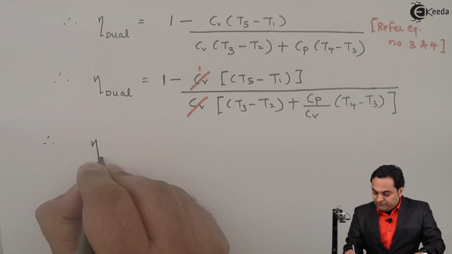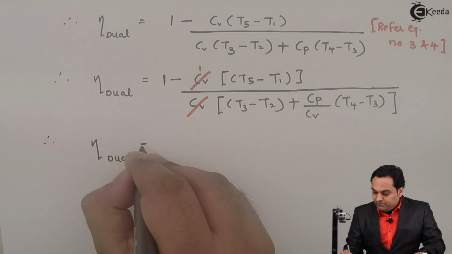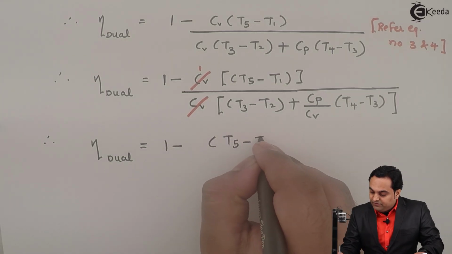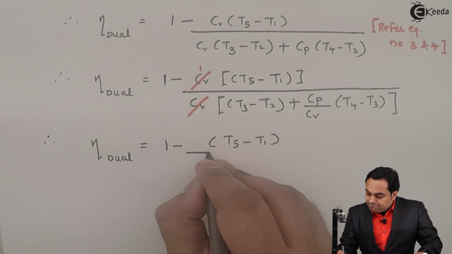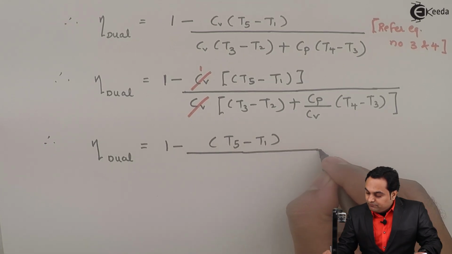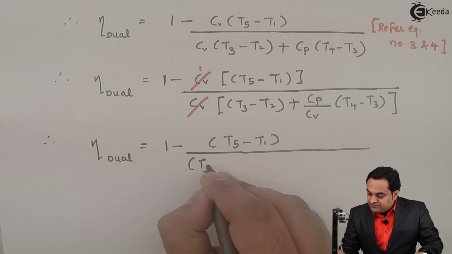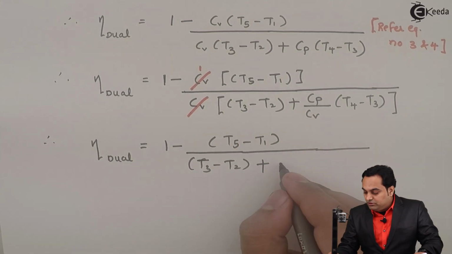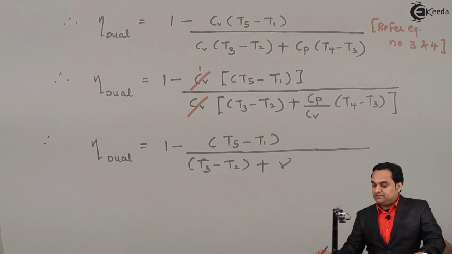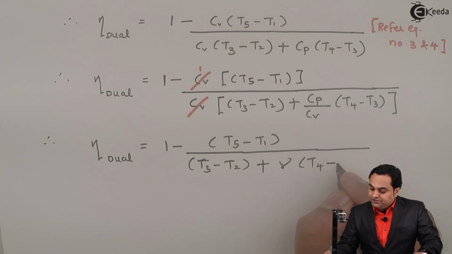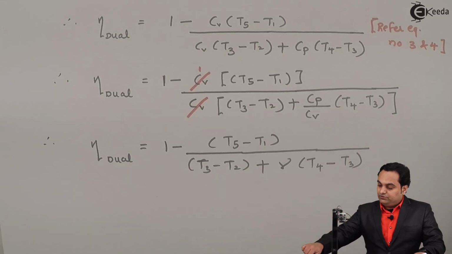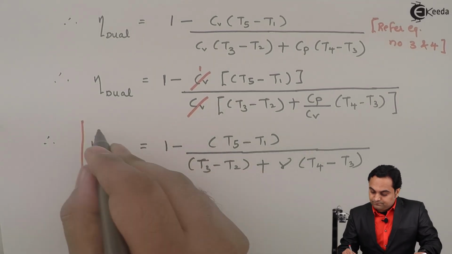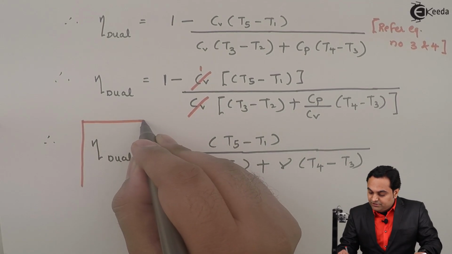Therefore, efficiency of dual cycle will be equal to 1 minus, in the numerator T5 minus T1, in the denominator T3 minus T2 plus Cp upon Cv, which is called gamma, the adiabatic index, into T4 minus T3. I will keep this as equation number A.